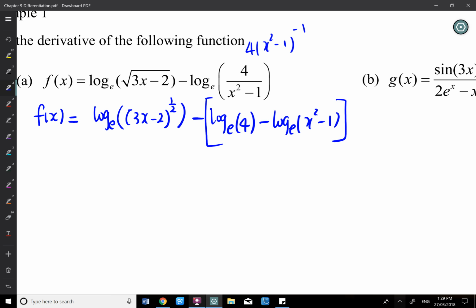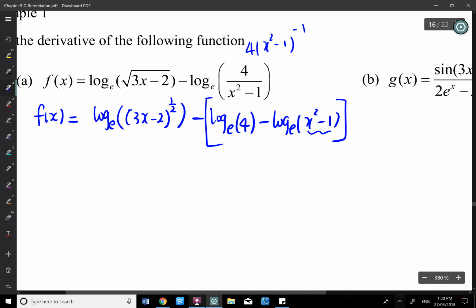I don't want to use chain rule, that's harder. Or you can use quotient rule. I don't want to use quotient rule. That's why I separate the thing. That becomes log e 4 minus log e x squared minus 1. I can easily derive x squared minus 1. I can easily derive 4. So it's easier.